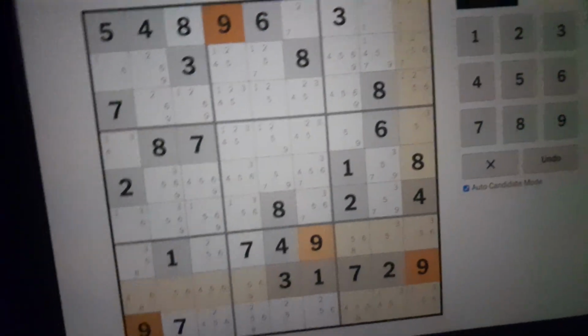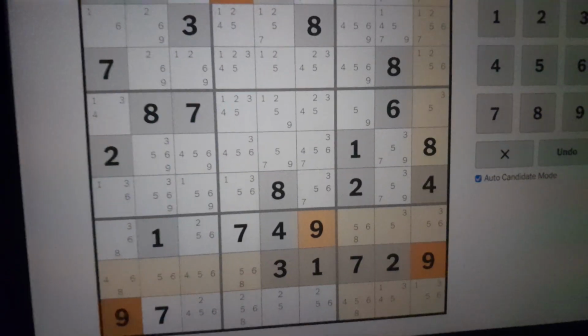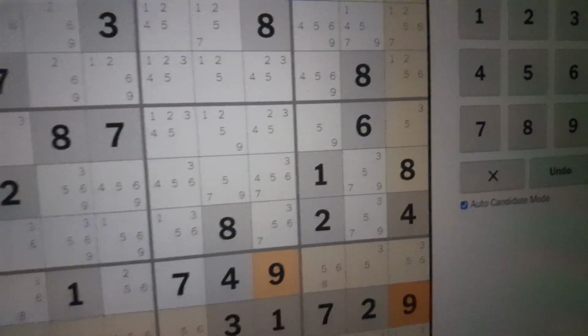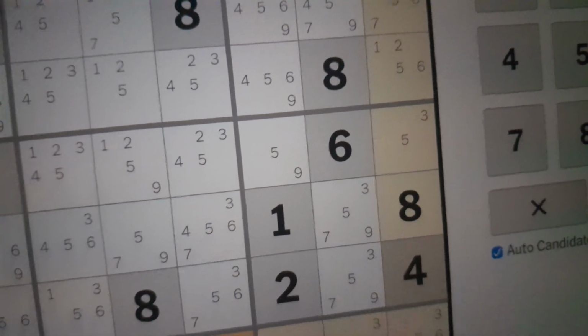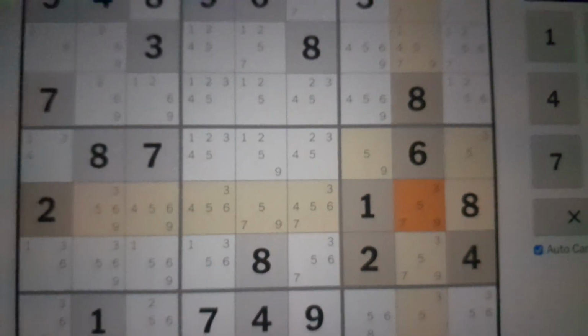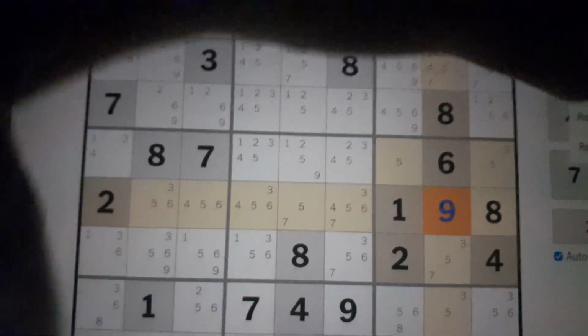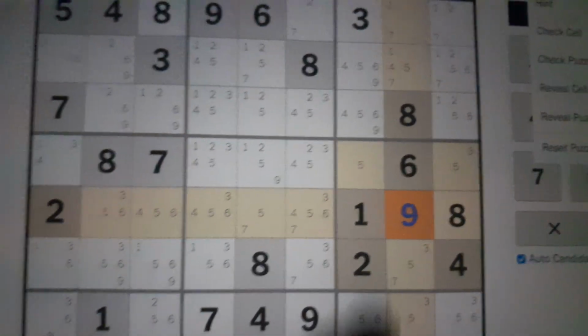And again, remember that if you get stuck at any point and don't know what to do, if you are in a block where there are cells that have repeated candidates, for example, this one, where it has 5, 3, 7, 9 twice, then you can just tap on one of those and reveal cell, and sometimes it'll help a great deal.